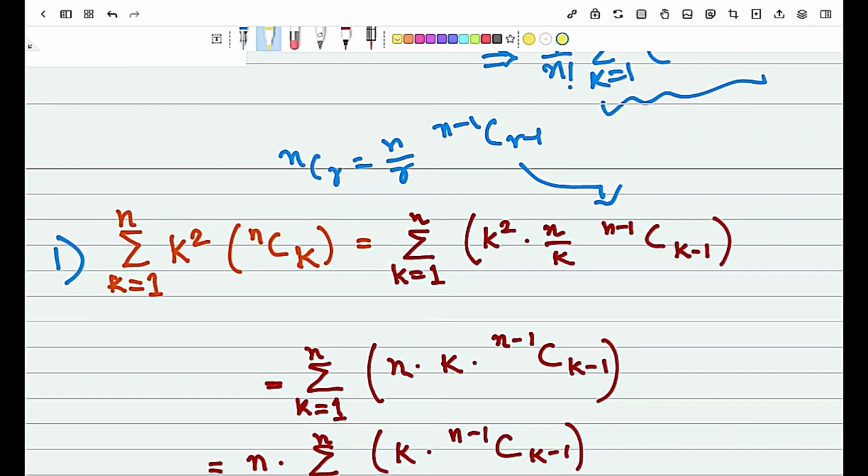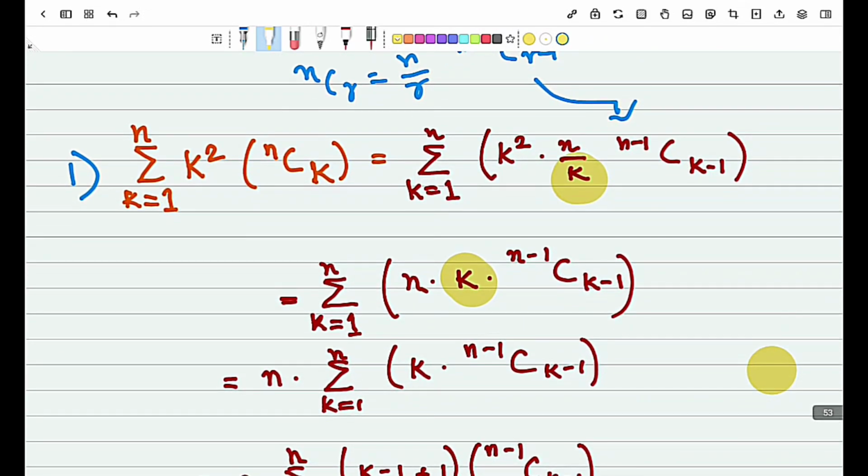So the k term in the denominator and the k term in the numerator get cancelled out, and we are left with a single k. After that, n is a constant, so we can take it outside the summation, and we will be left with k times (n minus 1)C(k minus 1).